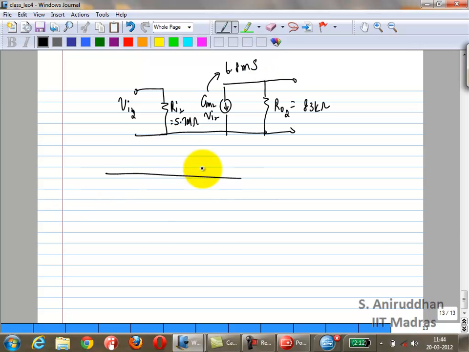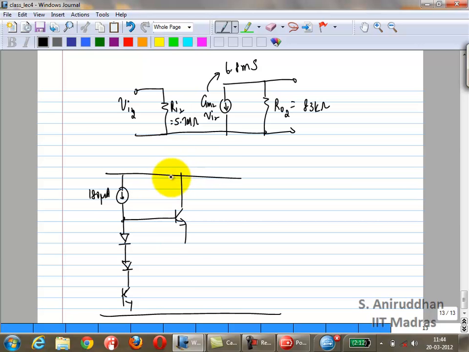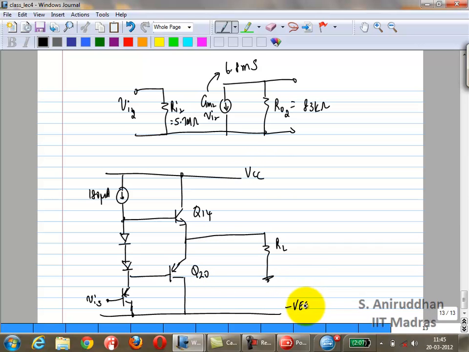So let me redraw it. So this is Q19, this is Q20.